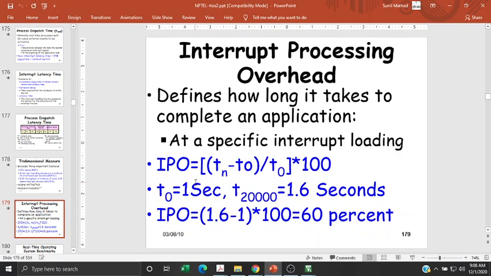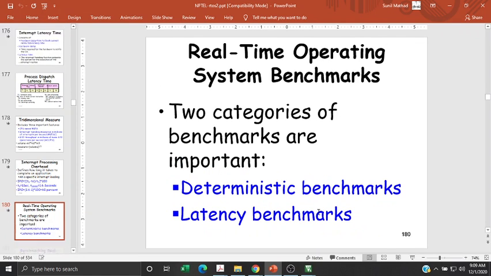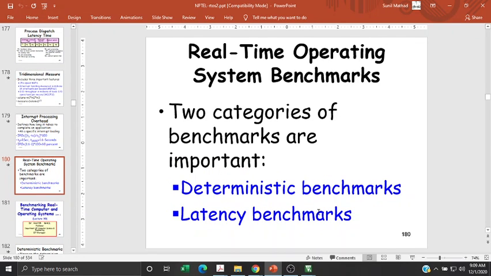If there were no interrupts, the task T0 would have been completed within 1 second. With interrupts, what is the processing time? (Tn minus T0) divided by T0, into 100. So what is the overhead? 1.6 seconds is ultimately 60% additional time required with interrupts. So that additional overhead is computed as the burden on the system with respect to interrupts. Strictly speaking, we cannot say burden, because an interrupt might be happening for some reasonable reason.